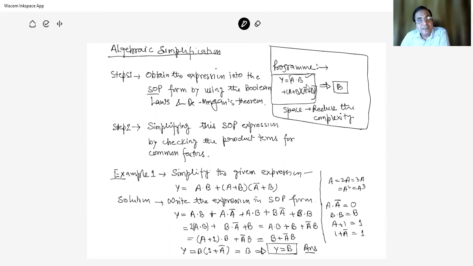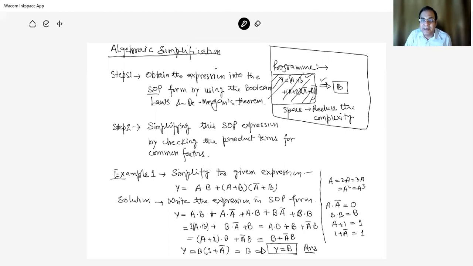The space complexity and time complexity must be considered during the implementation of this algorithm. Suppose we have a program taking this much space.